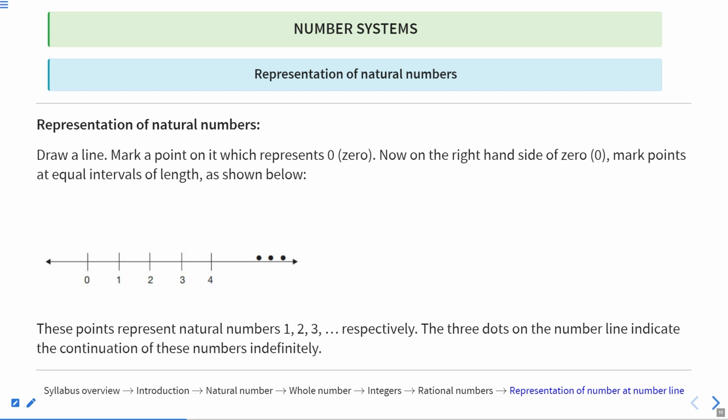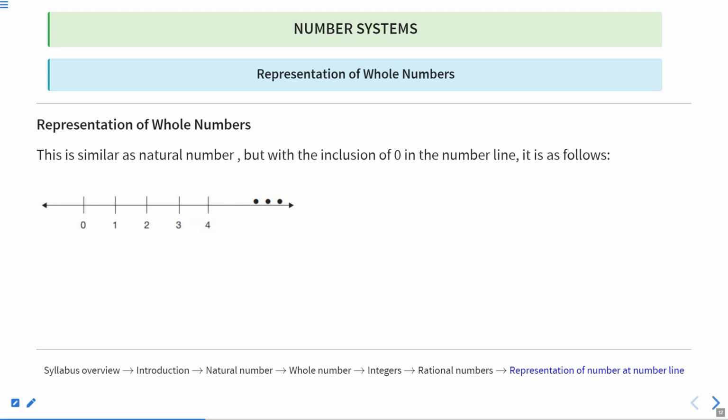Now let us see how to represent whole numbers on the number line. This is similar to natural numbers, but with the inclusion of 0 on the number line, it is as follows.